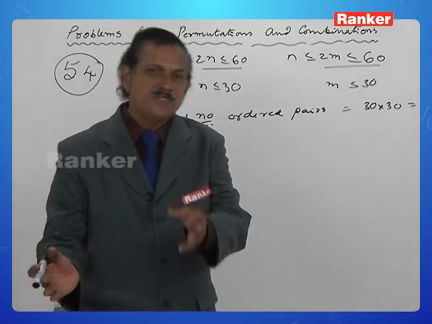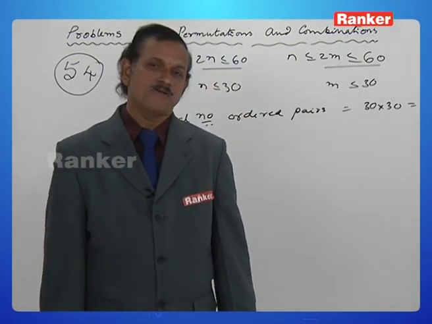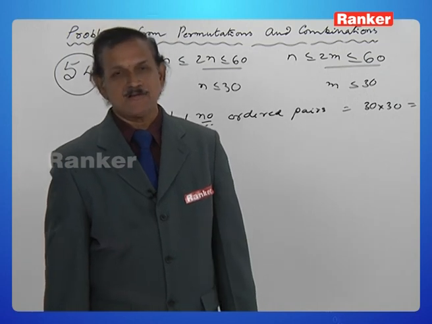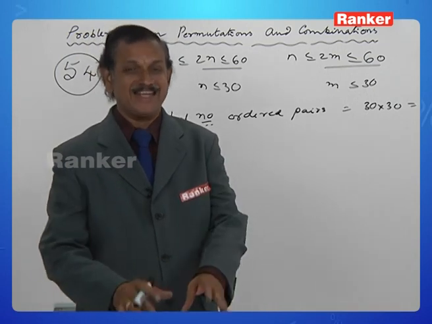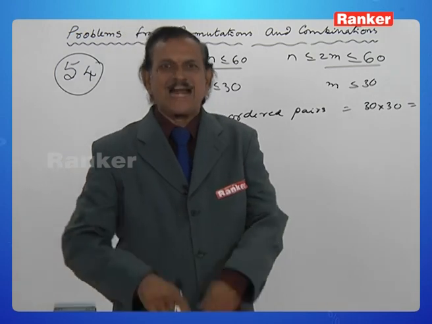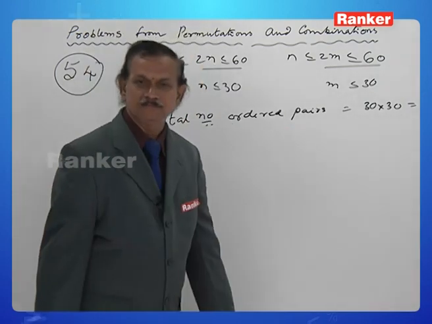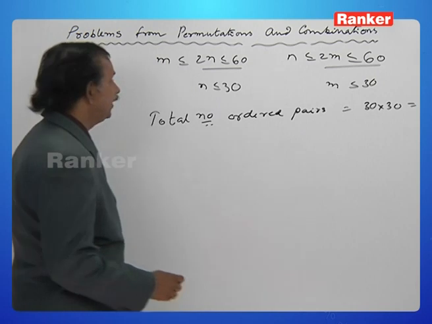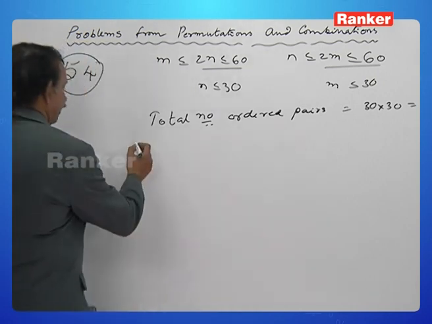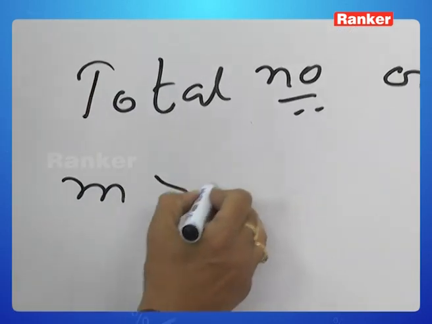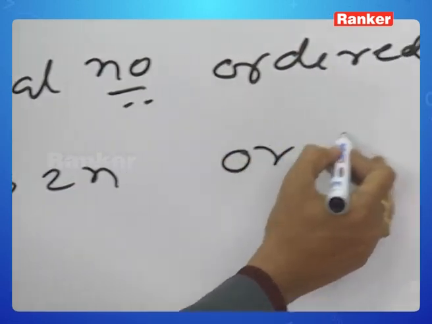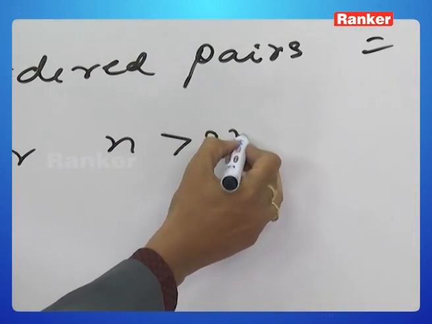Let us observe its negation. Why? Because if you are able to calculate the number of ordered pairs in a negation view, we subtract these from the total. Right. So we have to find the ordered pairs with m greater than 2n or n greater than 2m.